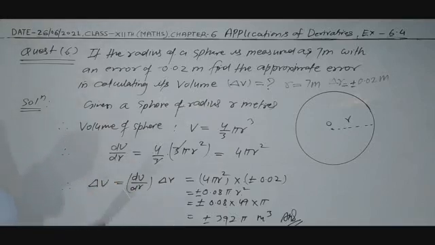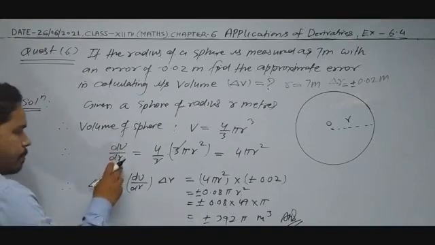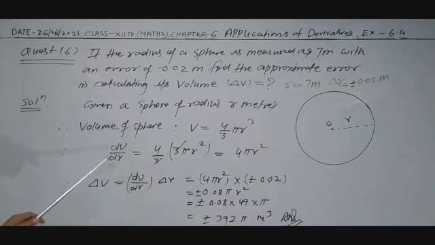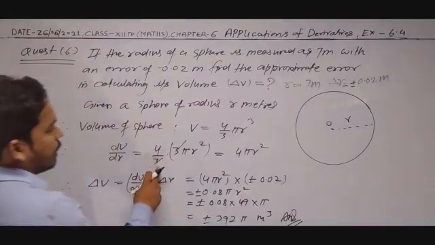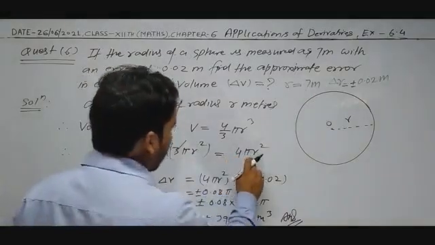If the radius varies, the volume will also vary; if the radius decreases, the volume will also decrease. So the parameter is r. Differentiate with respect to r, and the result will be 4 by 3 into 3 pi r square, because the derivative of r cube is 3 r square. The 3 will cancel out, and you will get 4 pi r square.